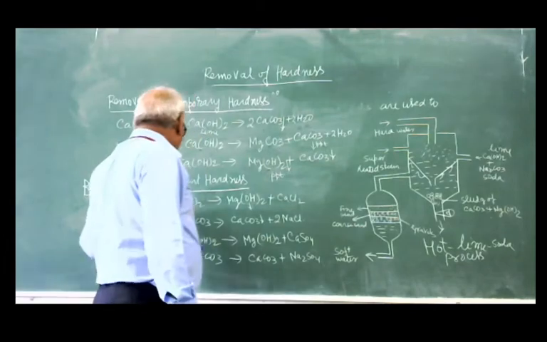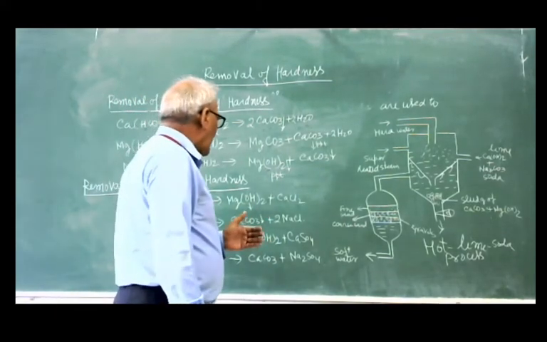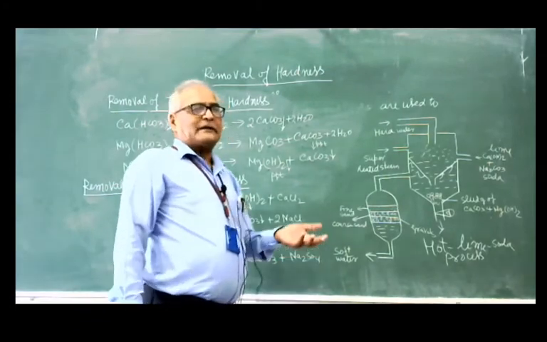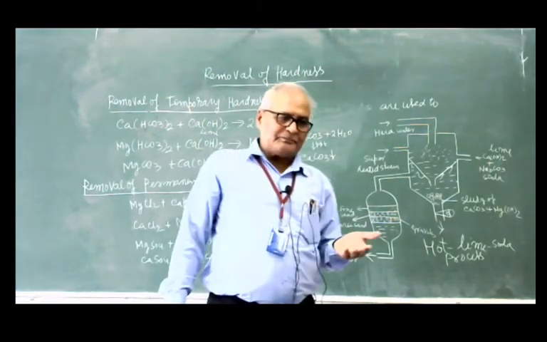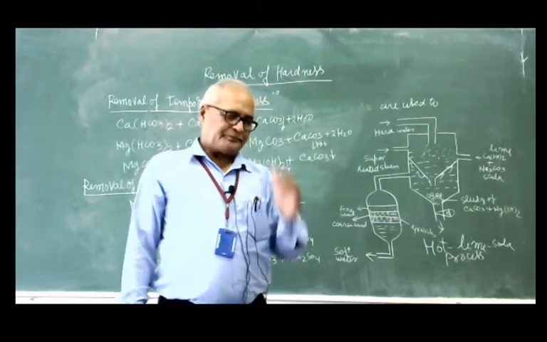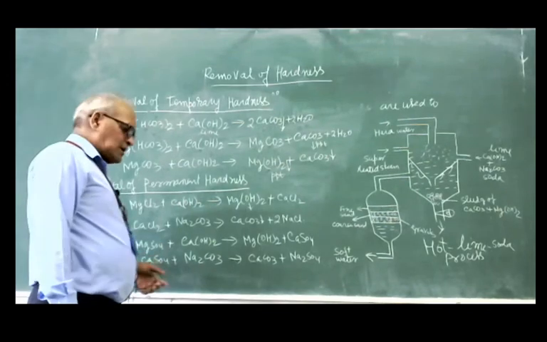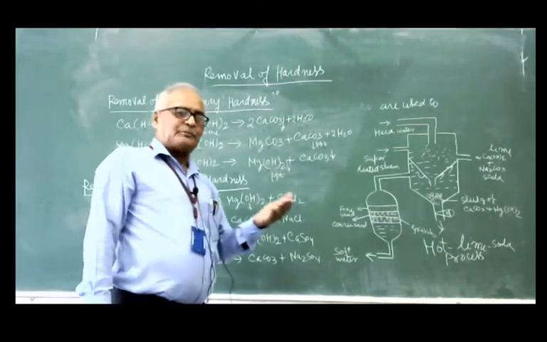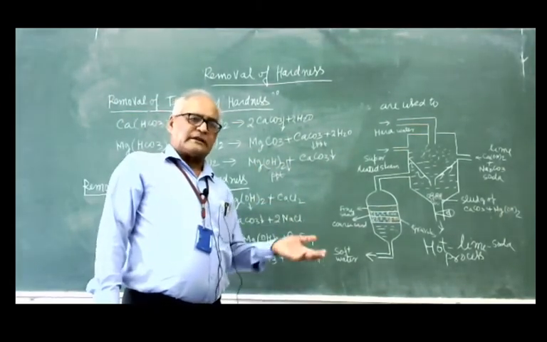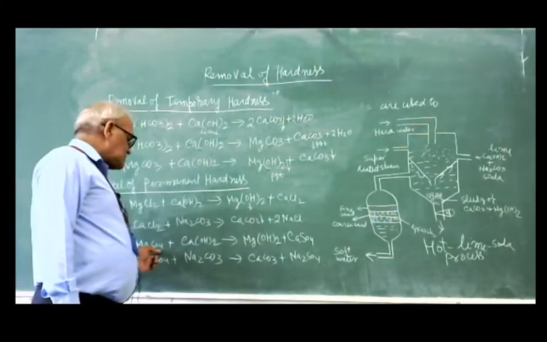In this way, magnesium ion and calcium ion can be removed jointly by calcium hydroxide, that is lime, and soda. Now another reaction, just see magnesium sulfate. Suppose magnesium sulfate salt is dissolved in water, creating hardness.